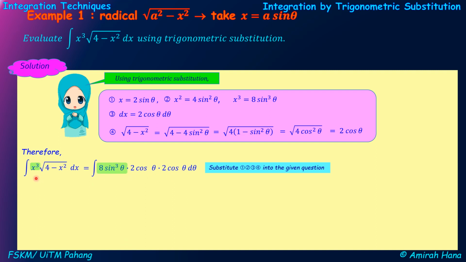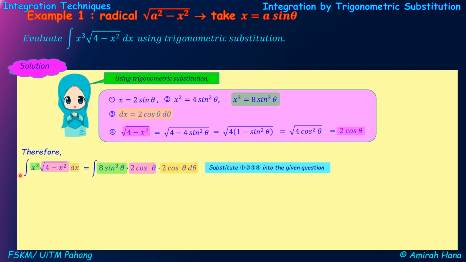Let me check one by one. We replace x cubed equals 8 sine cubed theta from here, right? We replace square root of 4 minus x squared equals 2 cos theta from step 4. And we replace dx equals 2 cos theta d theta from here, right?